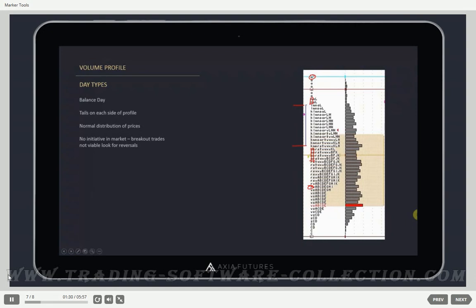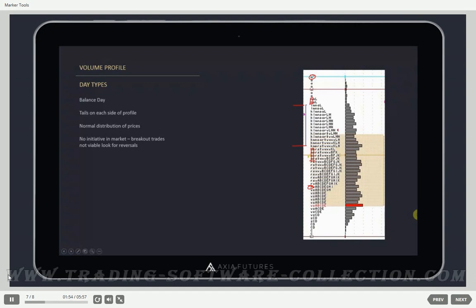Balance days are quite common. Market, as I say, shifts from imbalanced to balanced. The majority of the time, the market is not trending in a proper trend type day. You do see a lot of balance days, so getting used to spotting them early and then changing your strategy accordingly is very important. But ultimately, that is what you're going to see on a balance day.